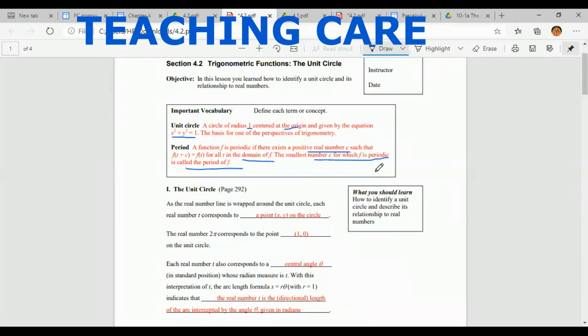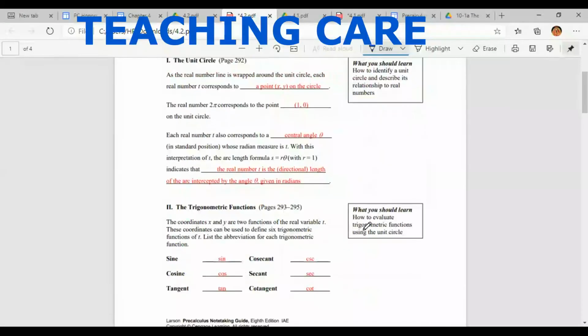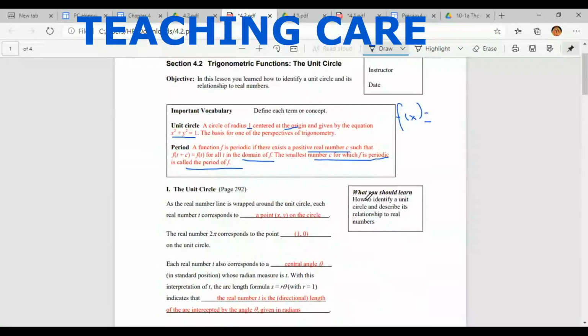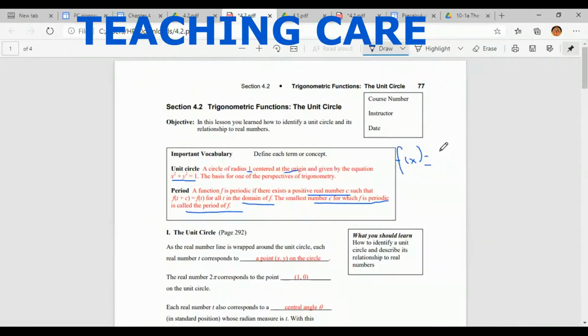Suppose I take my own example. Suppose I say f of x equals x squared, for example. Now if I say x plus 2, it will be x plus 2 the whole squared. But the value after substituting, f of x and f of x plus 2 will be the same.